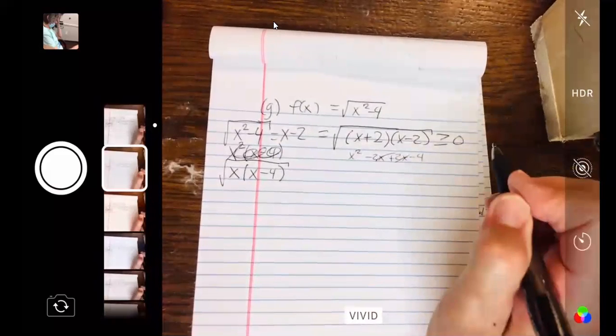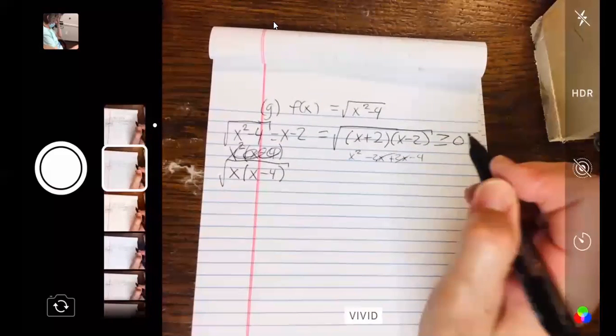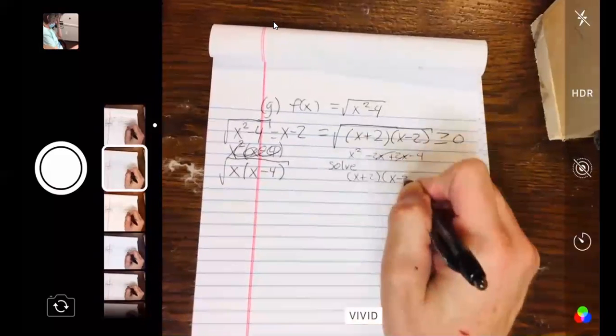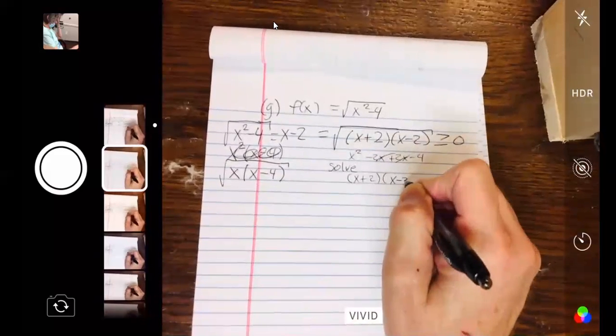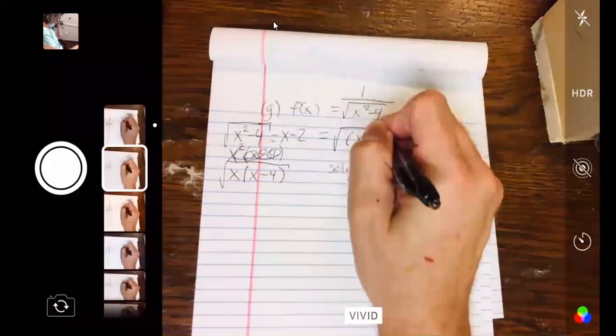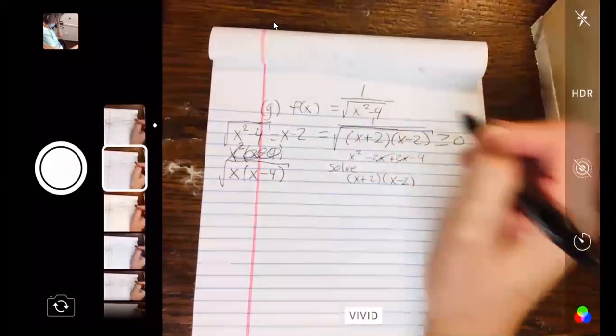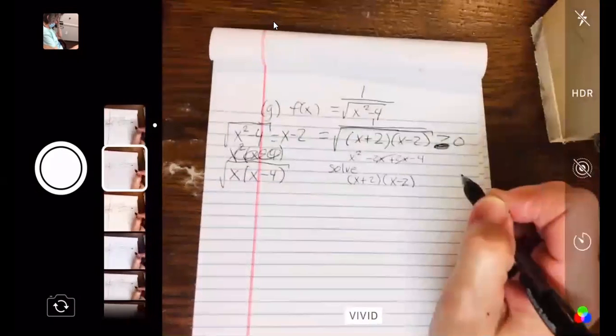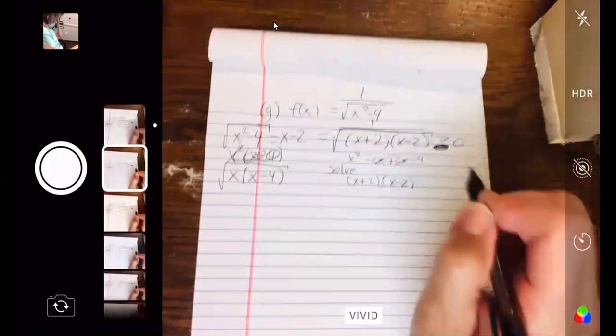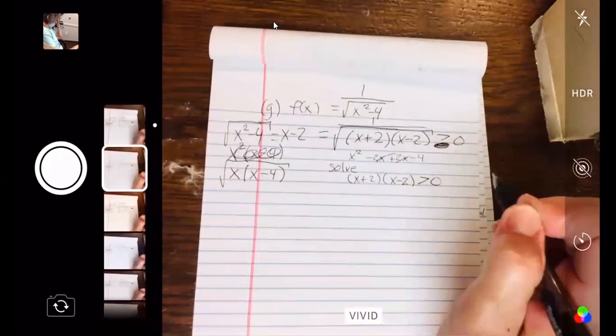So we've got to solve x plus 2. Wait, actually for that one, I think it's on the bottom. Oh, you're absolutely right. My apologies. Thank you for rescuing me. Yeah, so that takes off the or equal to. So we've got to solve this strictly greater than 0.